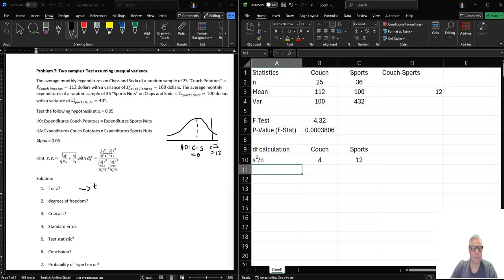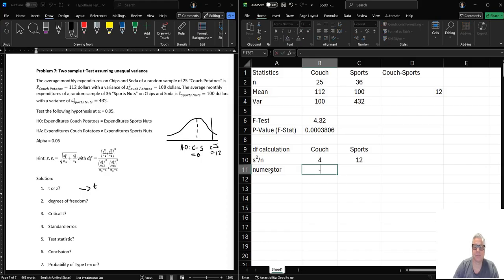And so now I have always the s squared over n for the couch potatoes and the sports nuts. So now I just focus on the numerator, and the numerator is equal to, open parentheses, the s squared over n for the couch potatoes plus the s squared over n for the sports nuts, and then we raise that by 2 or square it.